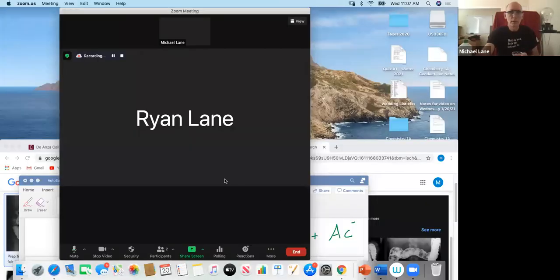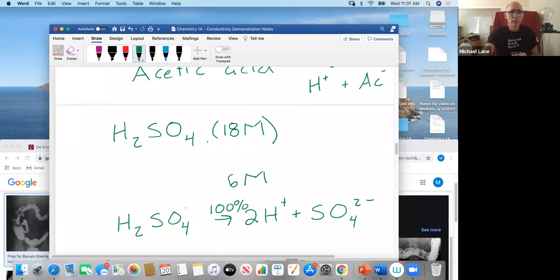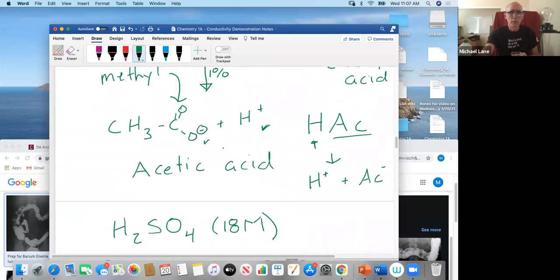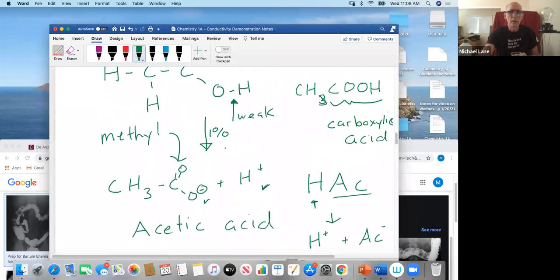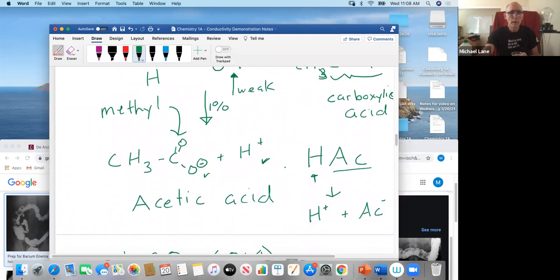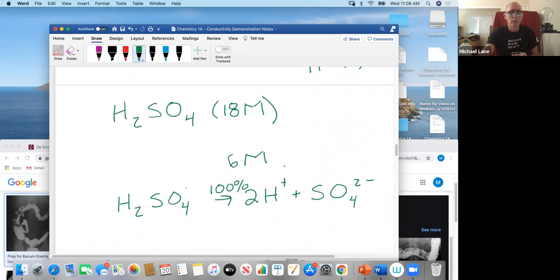I realized that I may not have been sharing a moment ago. So let me again just put this up here to show. There's the information on acetic acid that I was discussing, and of course, what I was discussing with respect to the sulfuric acid.